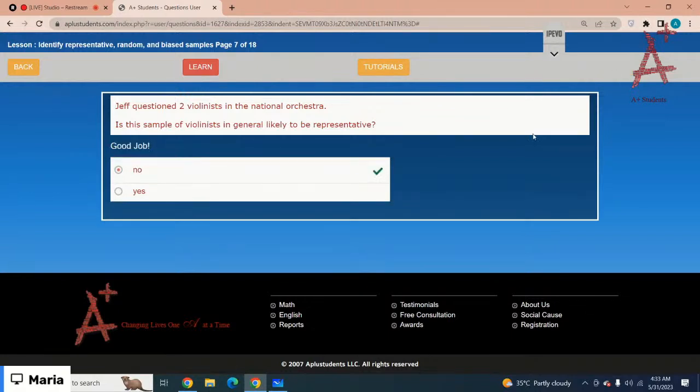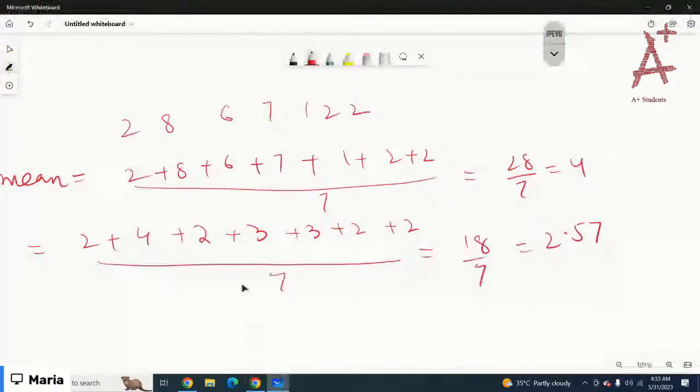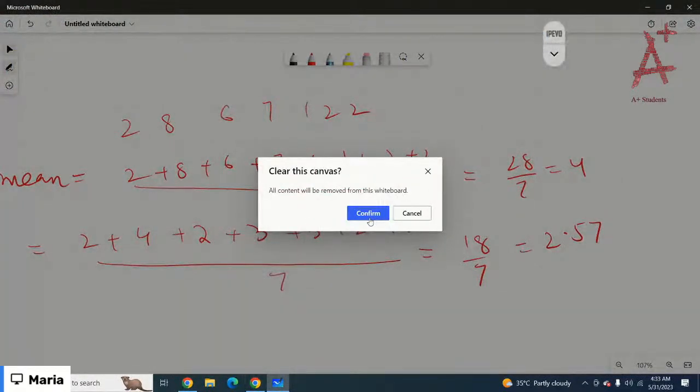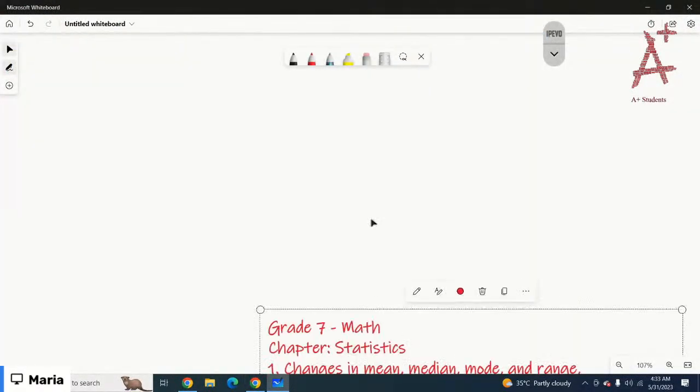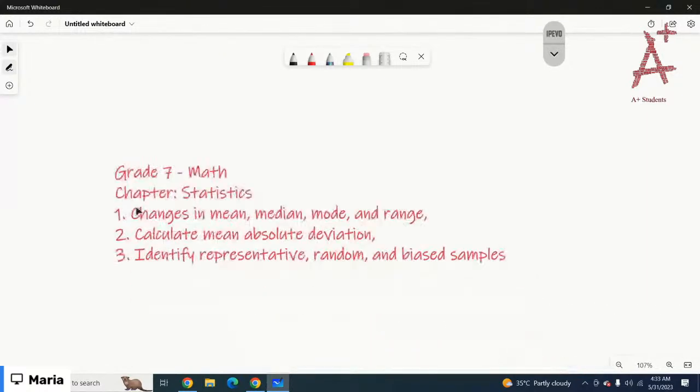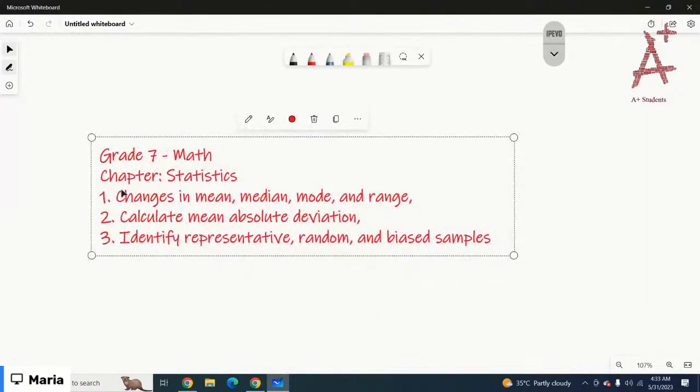Okay, you can complete the test by yourself later today. So, we were working on grade 7 maths. The chapter we were working on is statistics. And the lessons we have covered today are changes in mean, median, mode, and range, then calculating mean absolute deviation, and identifying representative, random, and biased samples.